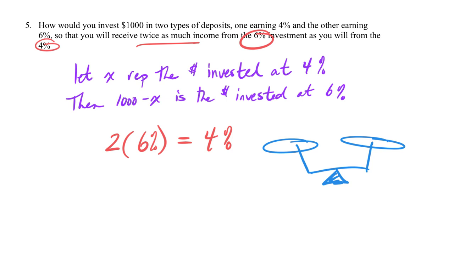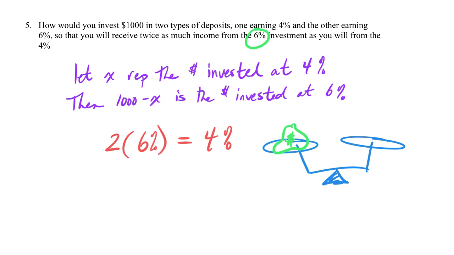Read that second statement. You're going to receive twice as much income from the 6% as you will from the 4. So if I was to ask you, which one are you going to get more money from? I hope we would say the 6. I'm going to circle it in green. So if I put the 6 one, and I'm just going to do like a pile of money here.